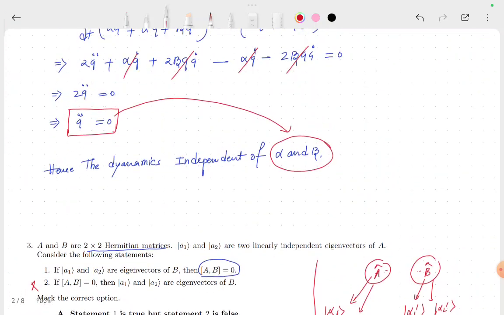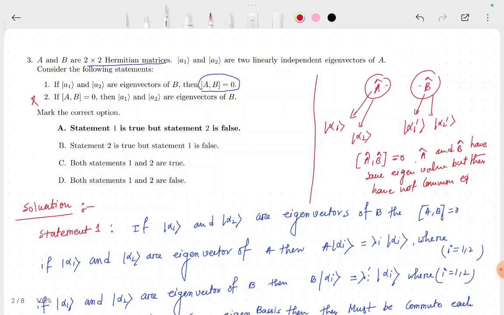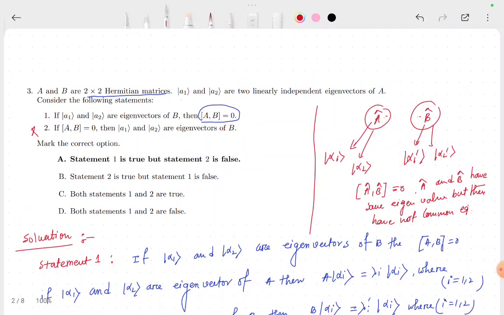So that's why here a1 ket and a2 ket are eigenvectors of A. Similarly, if a1 and a2 are eigenvectors of B, then they must commute. But if they commute, it is not necessary that the eigenvectors of B are the same as A's vectors.